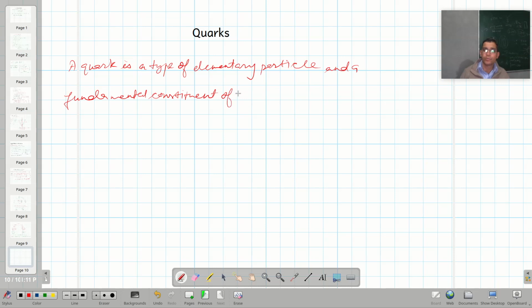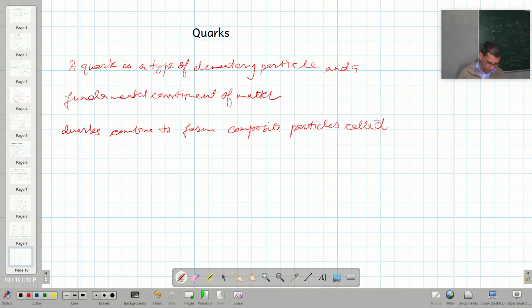Quarks combine to form composite particles called hadrons.